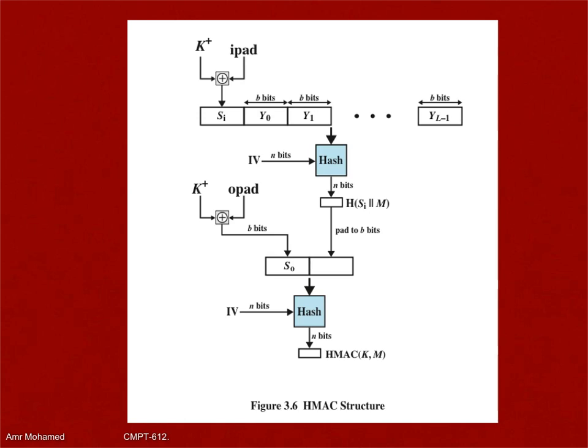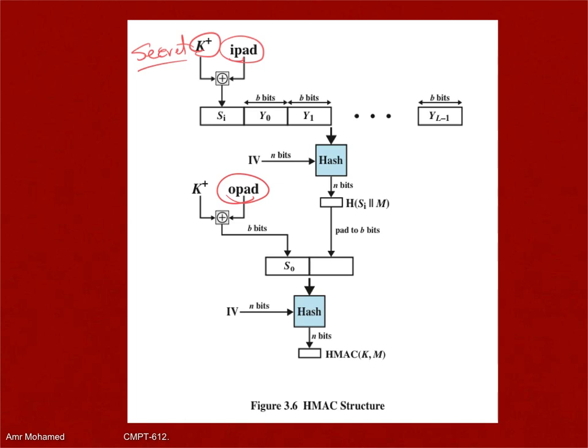The key is the secret. So instead of appending the secret in one step and hashing everything, it does it in two steps. It uses IPAD and OPAD, which are nothing but masking registers that mask the secret.